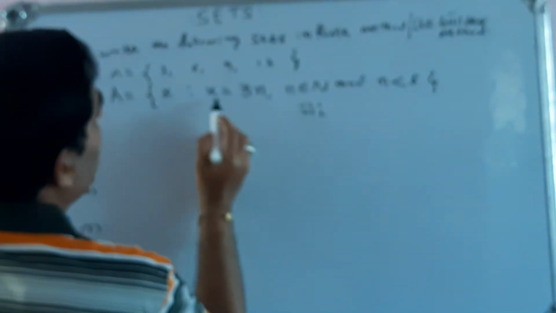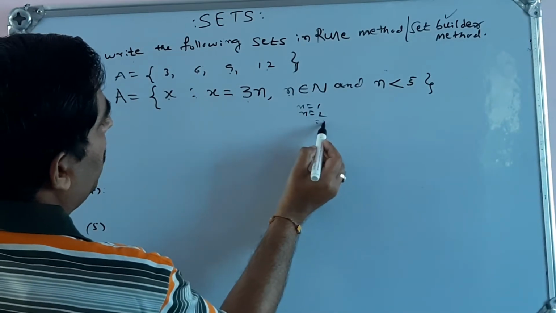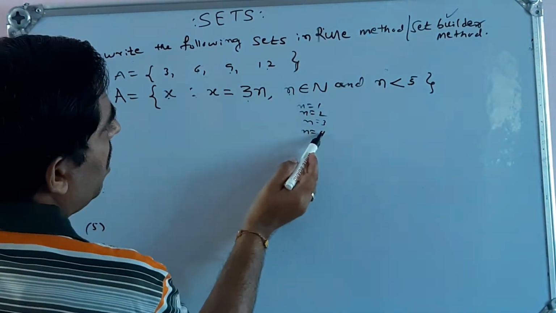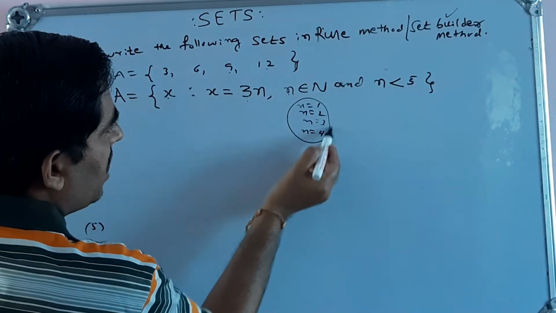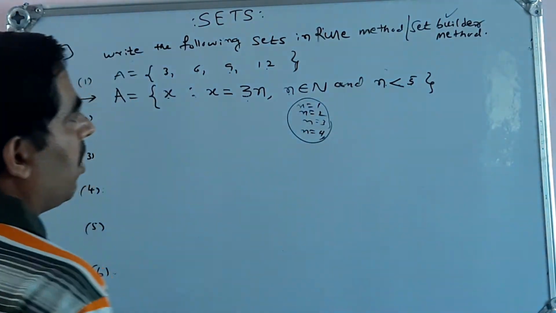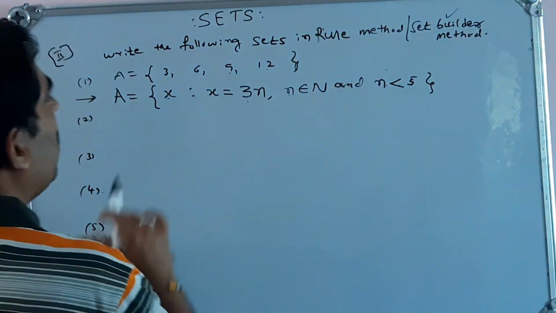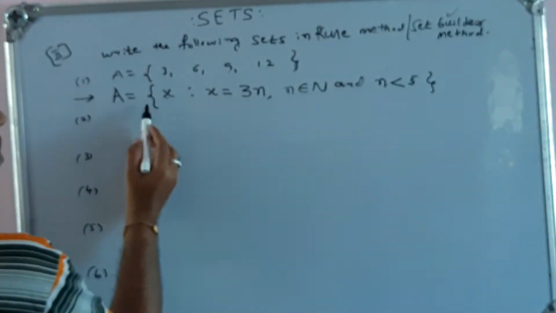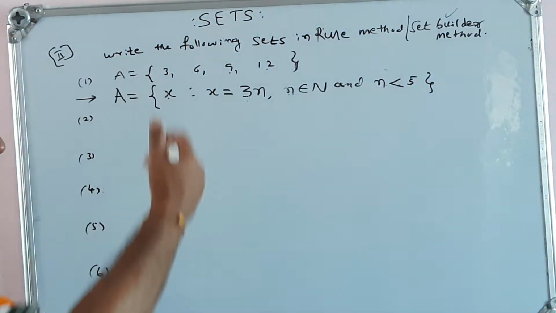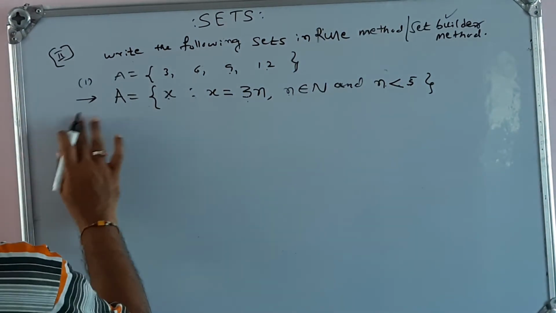If n is equal to 2, 3 twos are 6. Then n is equal to 3, 3 threes are 9. n is equal to 4, 3 fours are 12. So I can take only up to 4. So n cannot reach 5, so n is less than 5. So I have converted the given set to this set builder form. In this way we can write this.